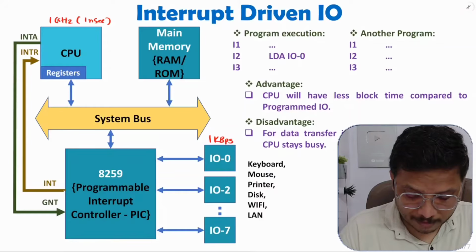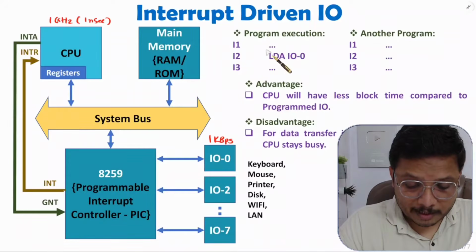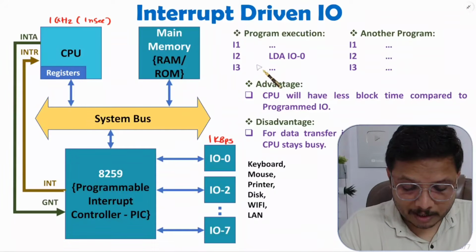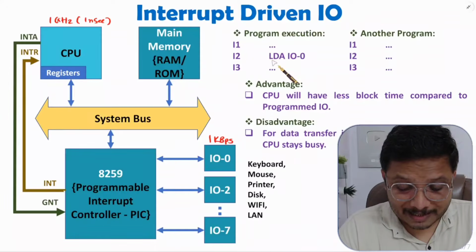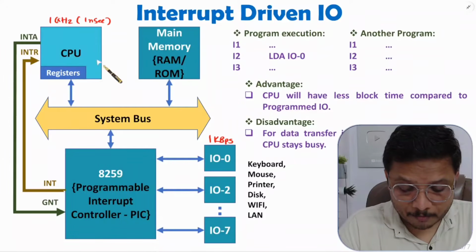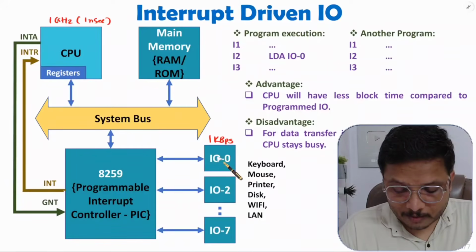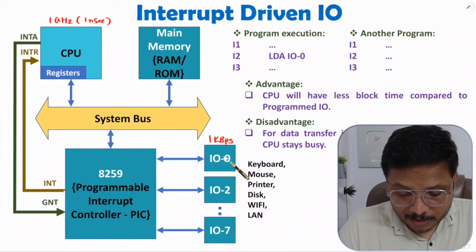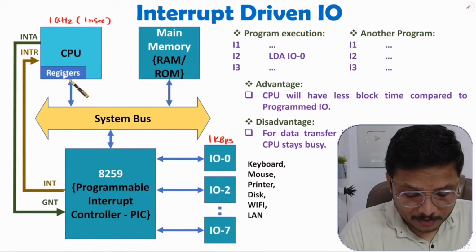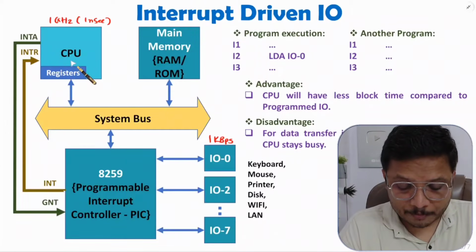We are executing a program in which the same instruction is encountered by the CPU, that is LDA, load direct accumulator, with the port address IO0.